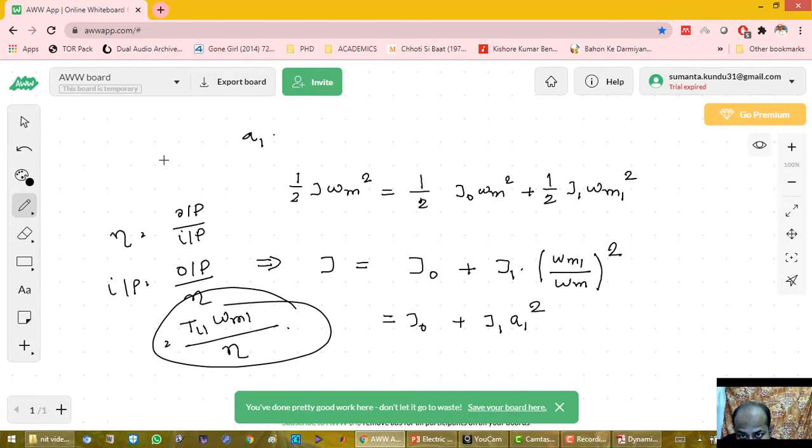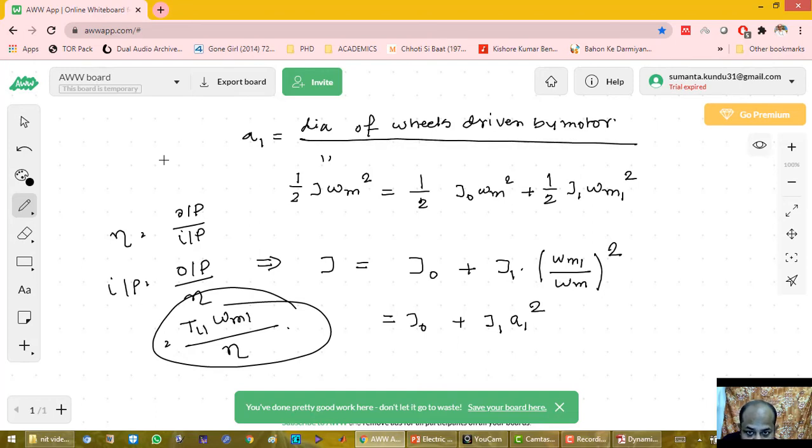A1 equals the diameter of the wheels driven by the motor, divided by the diameter of the wheels mounted on the load shaft.